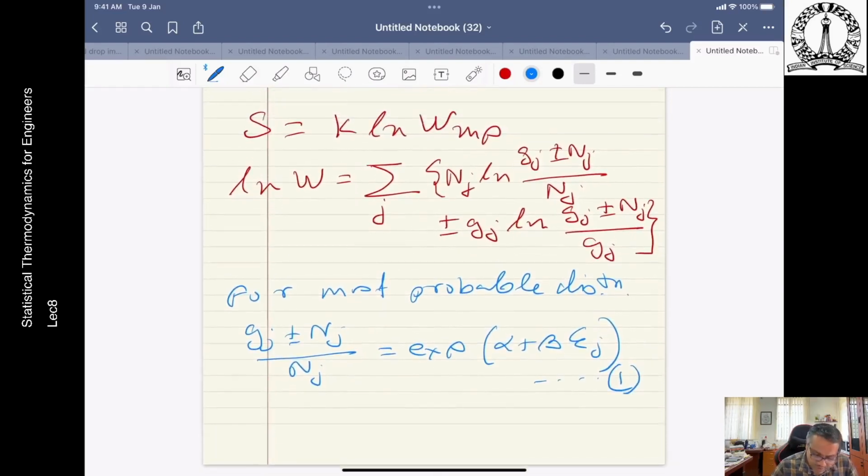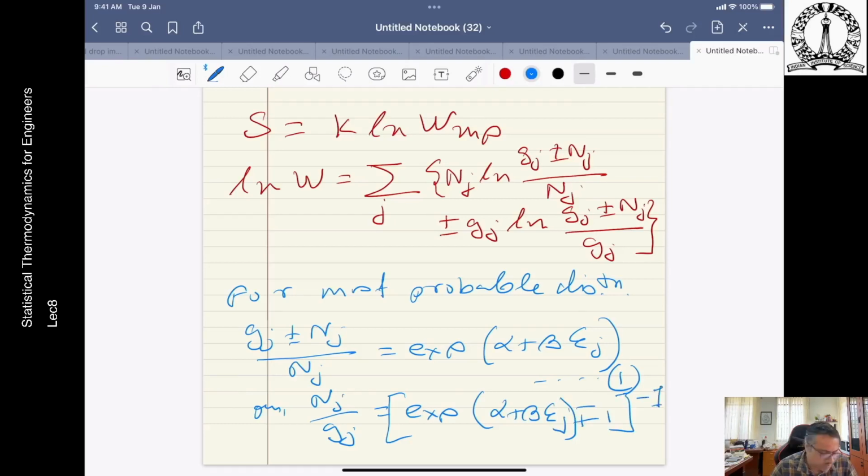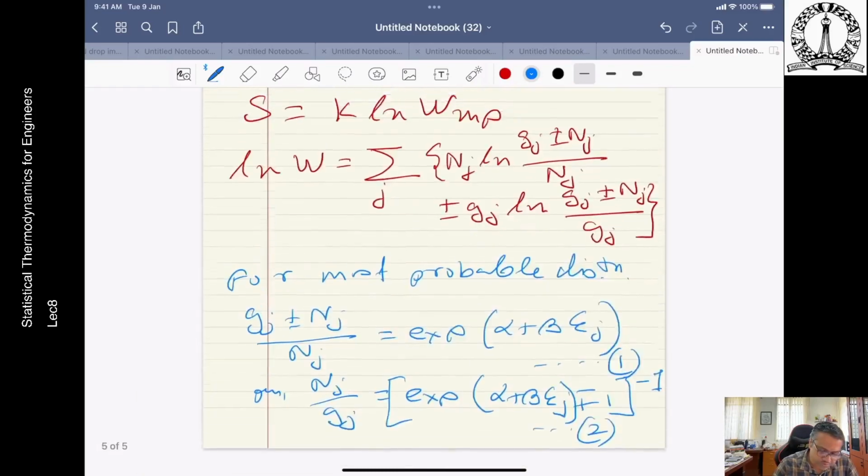Or in other words, we can write Nj by Gj is equal to exponential of alpha plus beta Ej, minus plus 1, raised to the power of minus 1. So this is relationship 2.